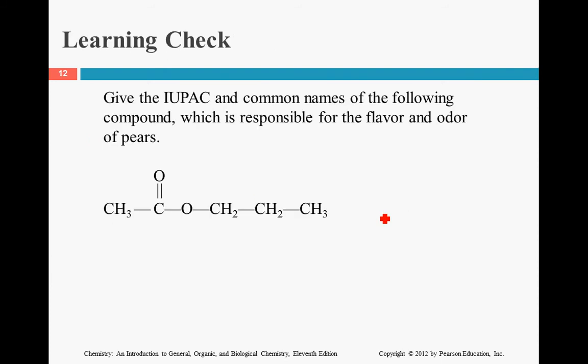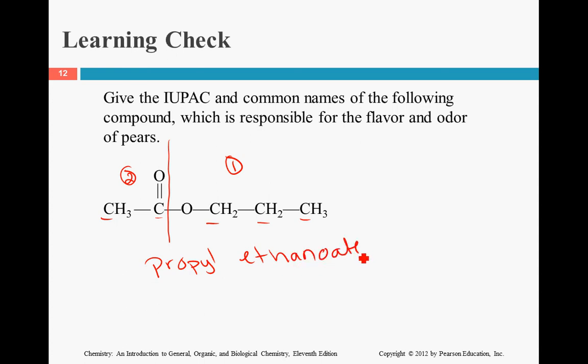Okay, let's name this one. Draw a line between the oxygens. Double bond means second. You write the other one first. We have 3 carbons here. That becomes propyl. 2 carbons is ordinarily ethane, but instead of the E at the end, we're going to say oate at the end.